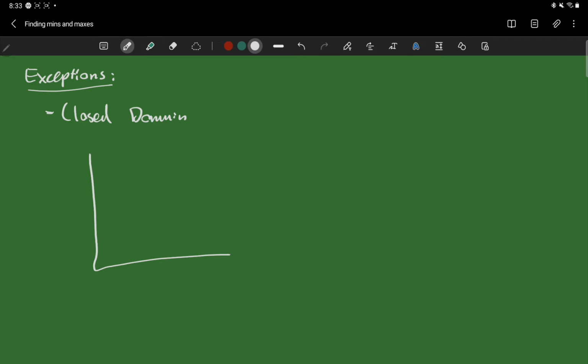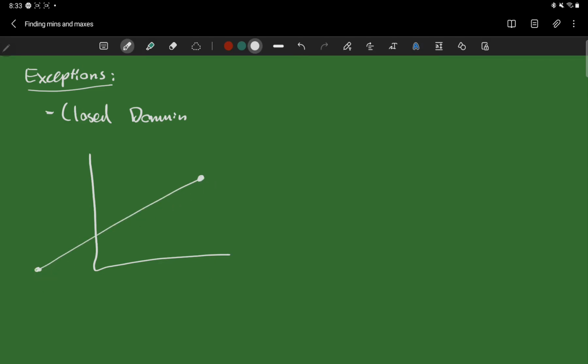And I say open domain because there are some exceptions, and the first one is when you have a closed domain. Let me kind of denote this section better. This is the exceptions. So one exception is when you have a closed domain. The reason that there's an exception on a closed domain is because let's take some basic line on a closed domain.